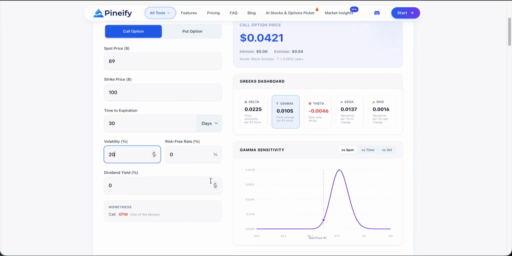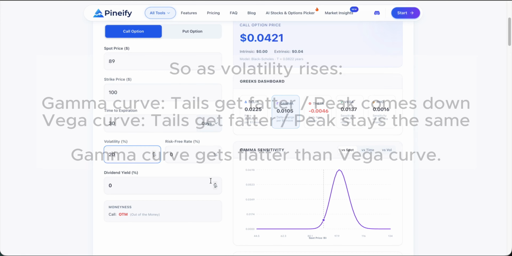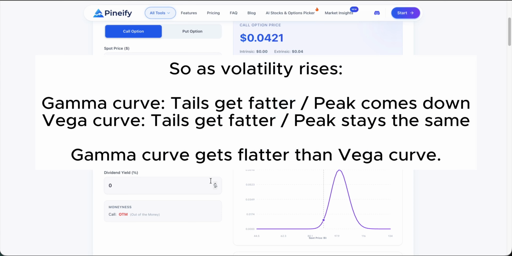They move in tandem, but the gamma tends to become much flatter than the Vega, because the gamma peak also comes down while the tails go up, but the Vega keeps the same peak while having the tails of the Vega going up.